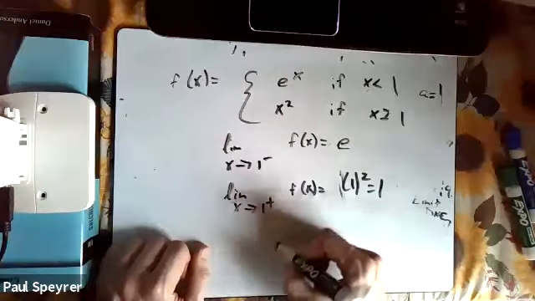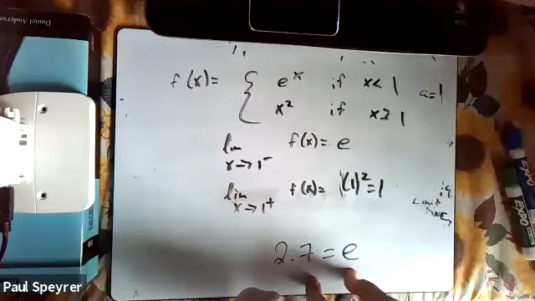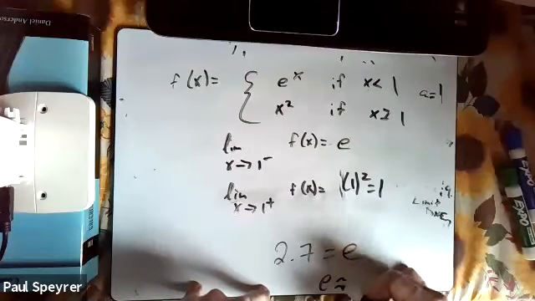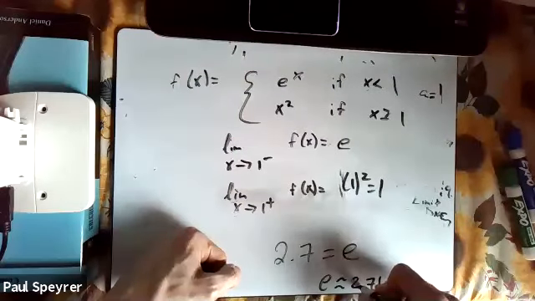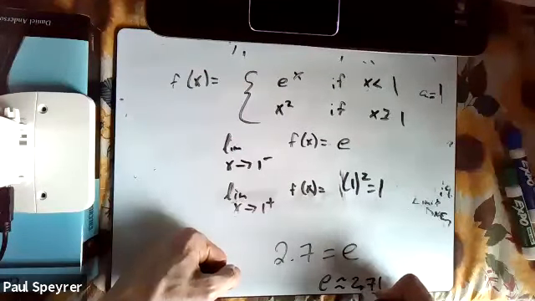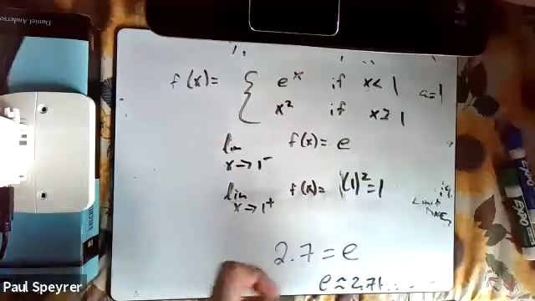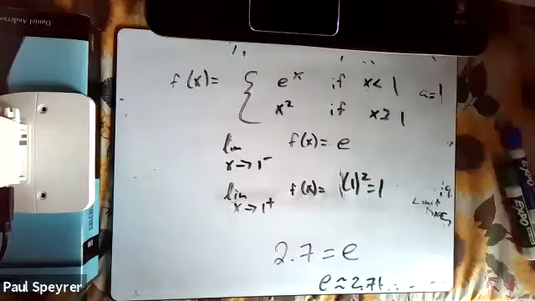No, e, because if you say 2.7, you're saying that's equal to e. Is that true? No, that's false. When I say e is equal to 2.71, that's just an approximation. If you actually type it into your calculator, you get something with many decimals after this, and it never ends. So you can't put 2.71. You have to leave it in exact form, which is e right there.